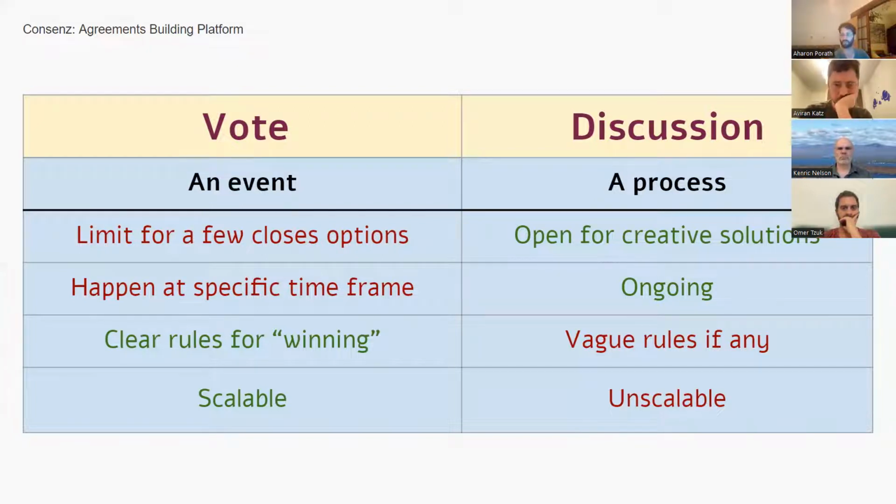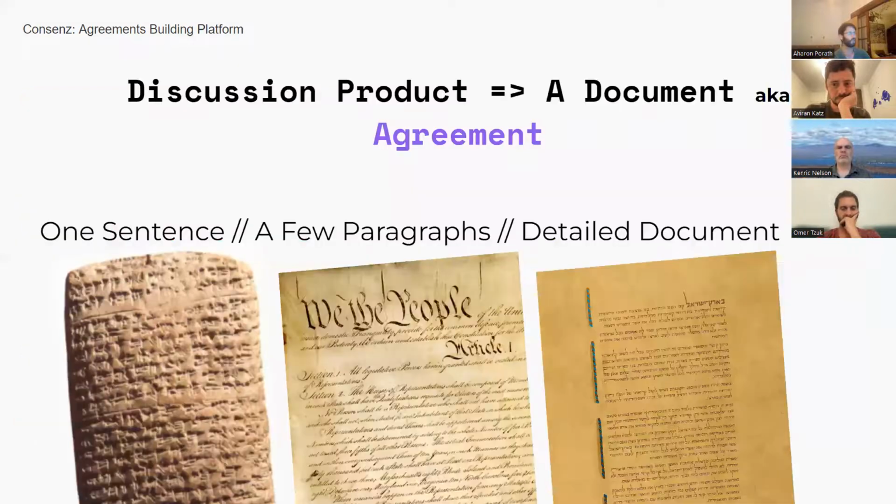As the group taking an active part in the discussion grows, so does the time that is needed. At a certain point, it cannot be handled, and it cannot scale any longer. So we're looking for a way to combine the advantages of both methods into one process.